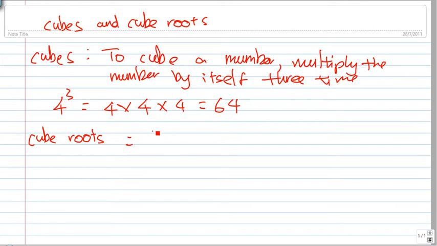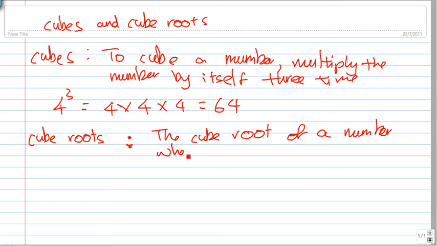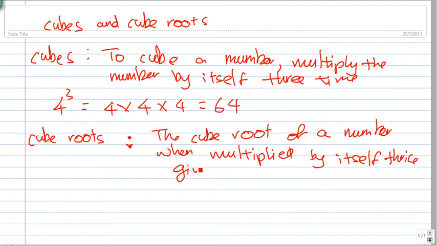Okay, the cube root. Let me just state this. The cube root of a number, when multiplied by itself thrice, gives the number.